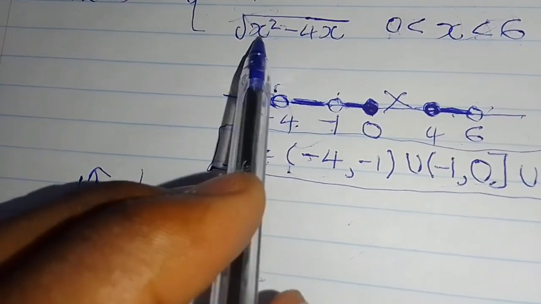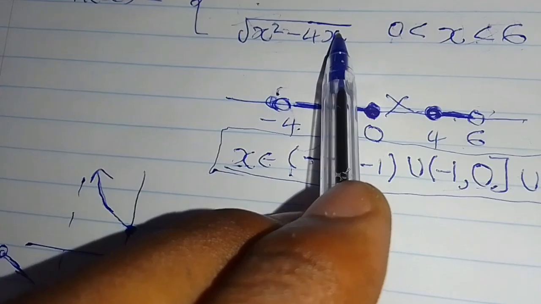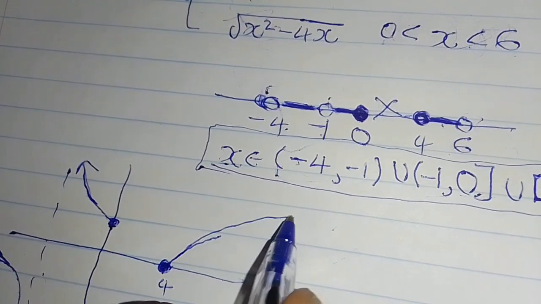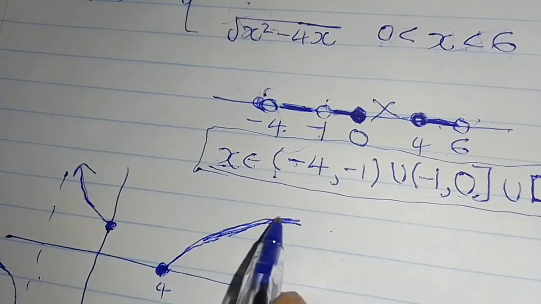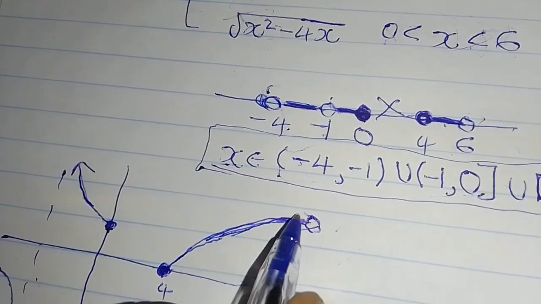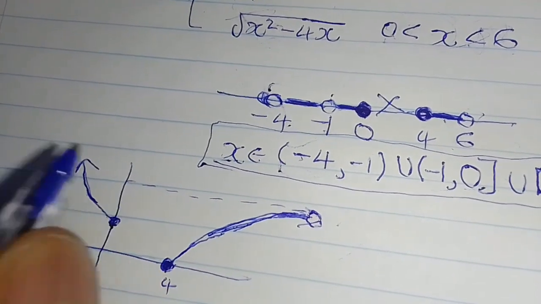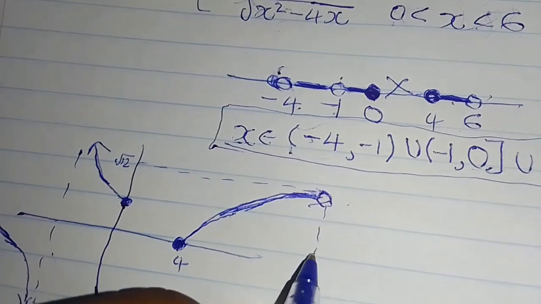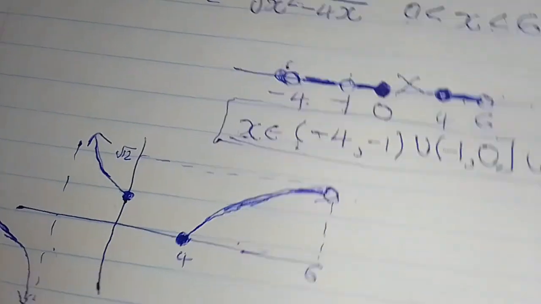If you plug in 6 here, you have 6 squared minus 4 times 6, which is 24, and then you have about 12. So you'll have some sort of a graph like this, and it continues up until about the square root of 12, which is root 12, and that's where you get 6, and that will be our function then.